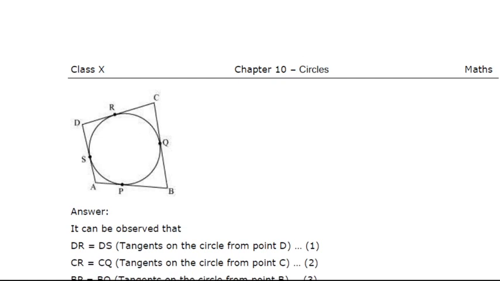Means you understand like this. This line sum and this line sum equal the sum of this line and this line. See how we can do this. First, you see that this line is x and this line is also x, suppose, and you know that this works as a tangent.